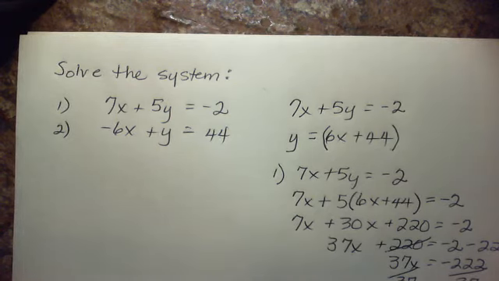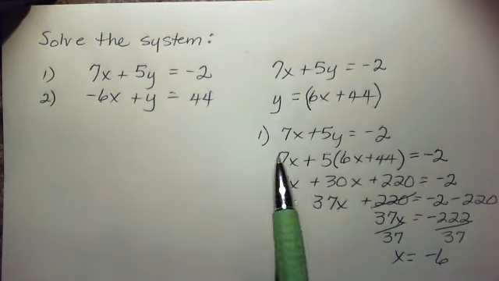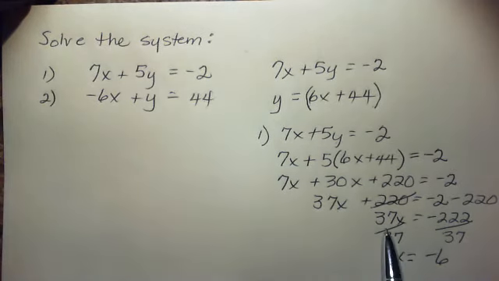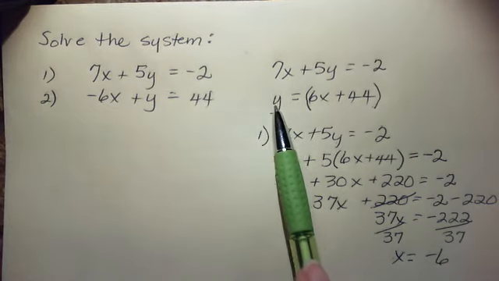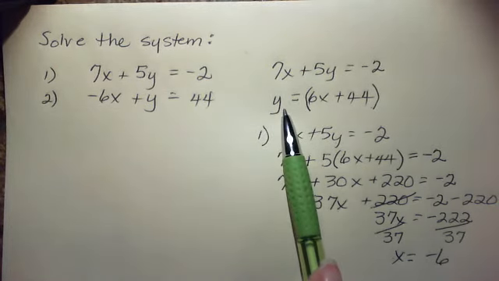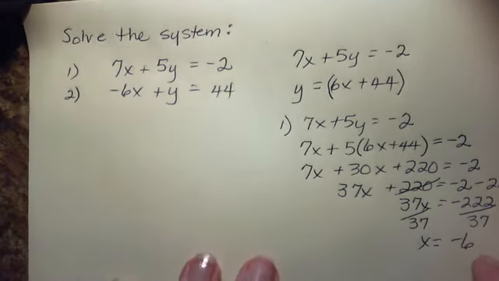Now I need to divide both sides by 37. That gives me x is equal to, calculator on this gives you negative 6. Now I have solved for the x value in the system. Alright, now my job is to solve for the y value. And I pick equation 2 in this version here because y is already isolated. That would be the easiest.